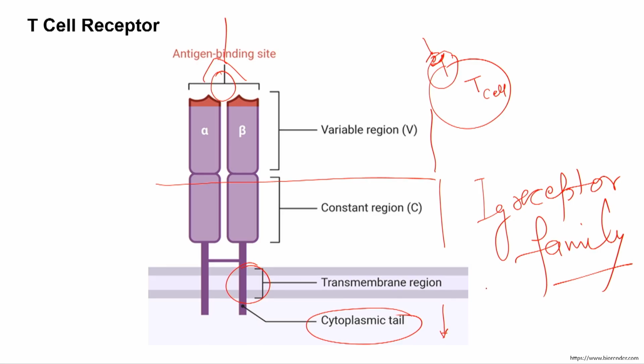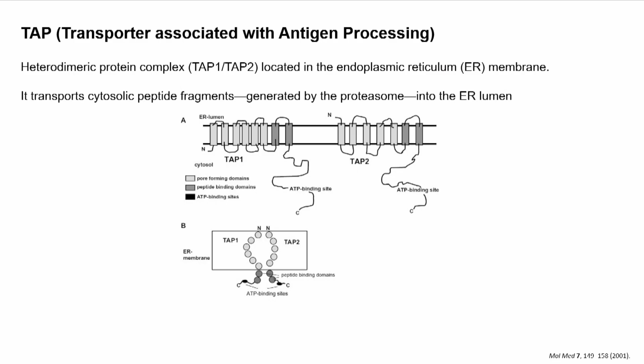Next is the structure which we have discussed called TAP, and TAP stands for transporter associated with antigen processing. Remember, we discussed that TAP is giving entry of peptide into the ER lumen. So, these are proteins which are present on the ER membrane. So, what is happening to this TAP?